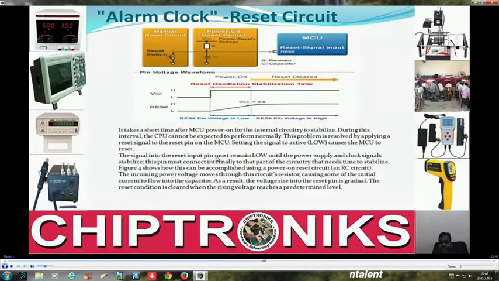Now the reset circuit. This is a very important signal, which we call the reset signal. I won't go into much detail, but let me explain.